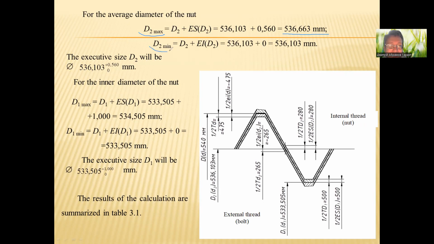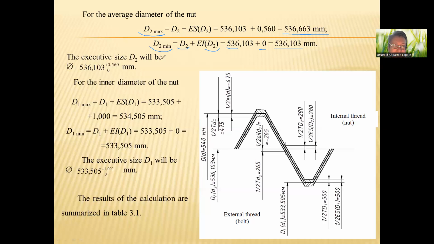The minimum diameter on the average diameter is equal to d suffix 2, the nominal diameter on the average diameter, plus the lower limit deviation on the average diameter of the nut, big D suffix 2, and we have nominal diameter 536.103 plus 0, and it will be equal to 536.103 millimeters.